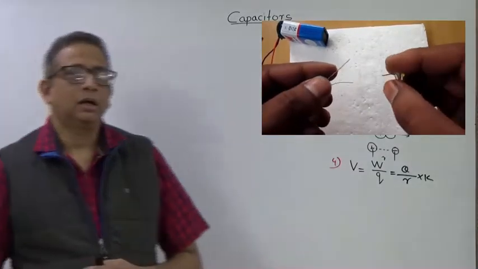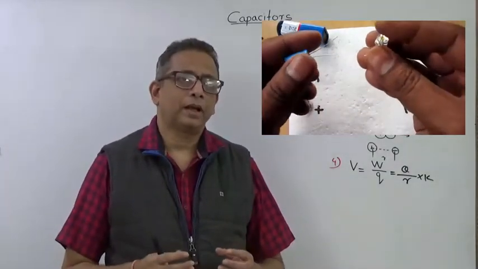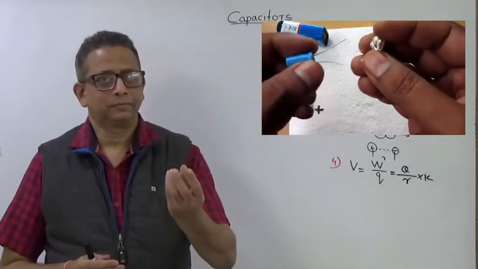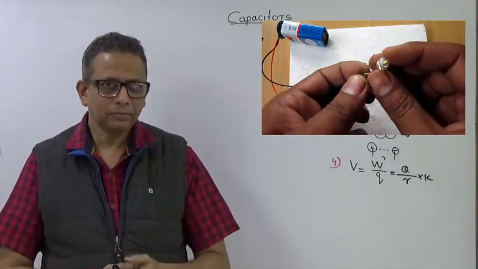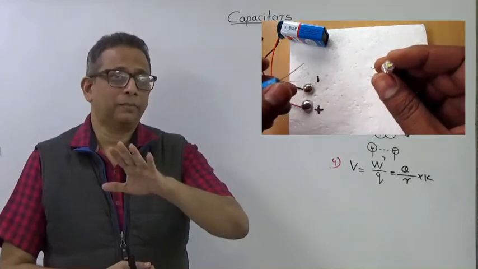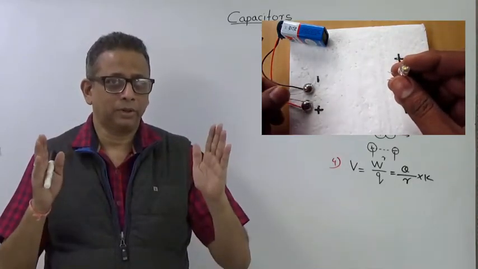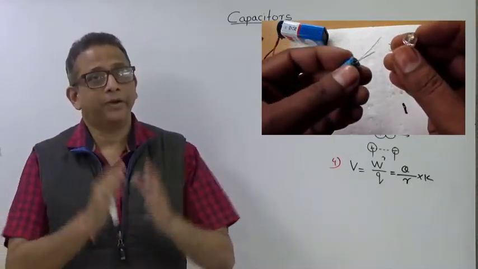In short, a capacitor is kind of like a cell. A cell is like a fully charged capacitor. It is not basically a capacitor. Both of them are two different mechanisms, but the effect is the same.